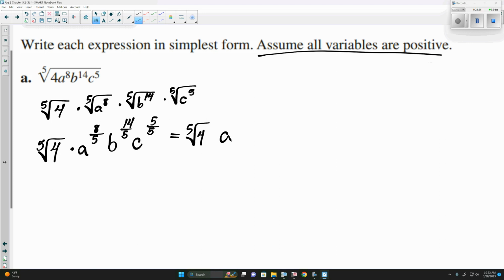I'm going to write this in as a mixed number, because 8/5 as a mixed number would be what? 1 and 3/5, because we have the whole number and then the parts that are left over. So if we look at 14/5, we'll still have fifths. 2 and 4/5.